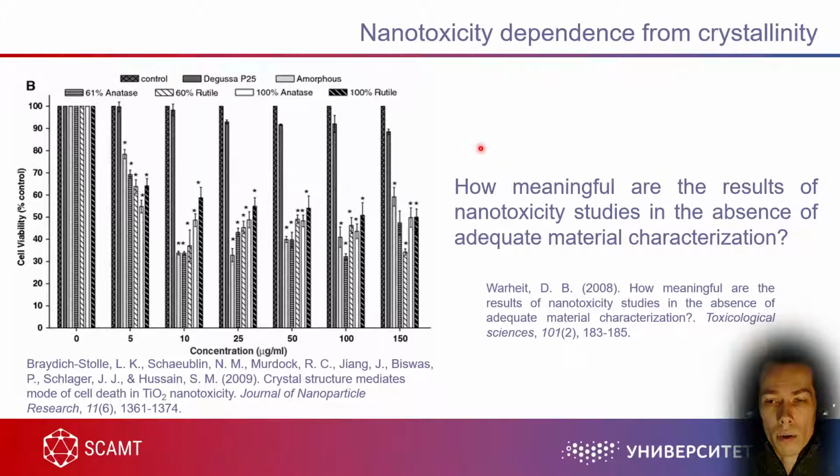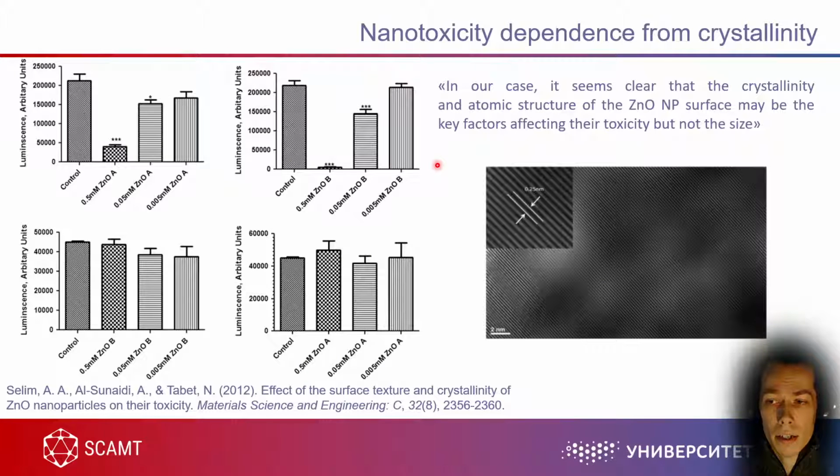So if we are talking about crystallinity of the particles obtained by solvothermal synthesis, it's also important to assess the dependence of nanotoxicity on the crystalline phase. And what's so important about crystallinity, how can this crystallinity affect nanotoxicity?